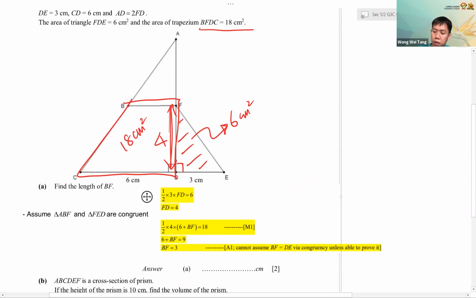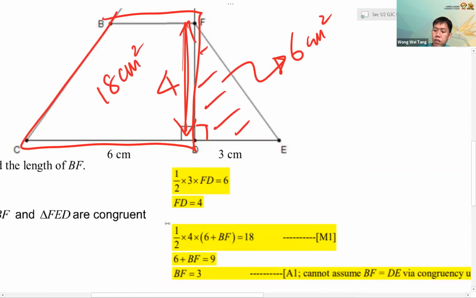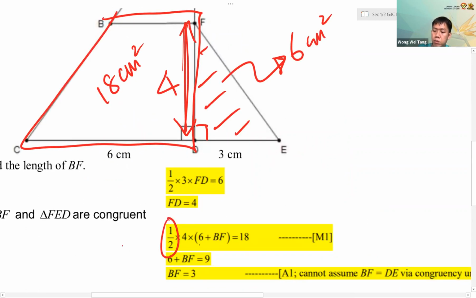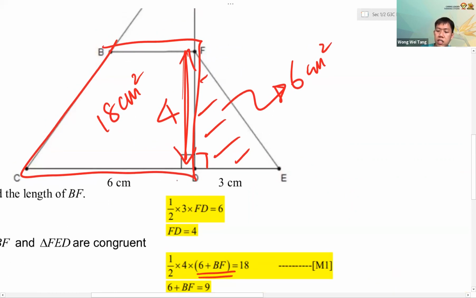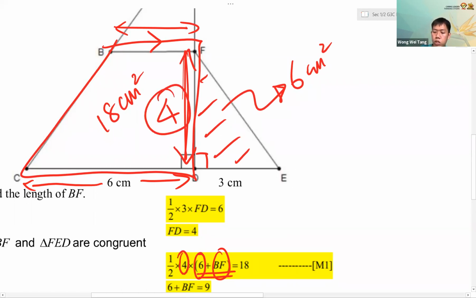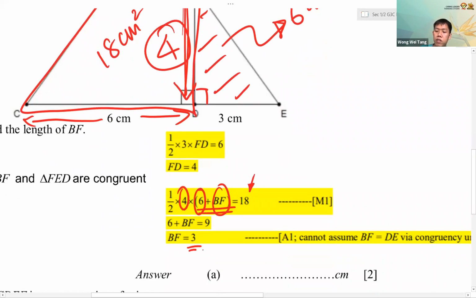Area of trapezium is given by half times the sum of the parallel sides. So where are the parallel sides? We have CD being 6 cm, so that's this. And the other parallel side will be our BF. Then you multiply by the perpendicular height, which we just found, which is 4, and it's 18. So when we solve for BF, it is 3.